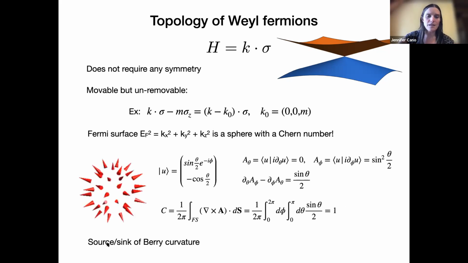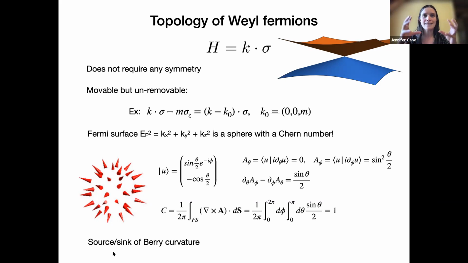And so we say that a Weyl fermion is a source or a sink of Berry curvature. What this means is that in this spherically symmetric case, the Berry curvature is always pointing outwards all over this sphere. That's why it's a source, because the Berry curvature is always pointing outwards and originating from somewhere in the middle.